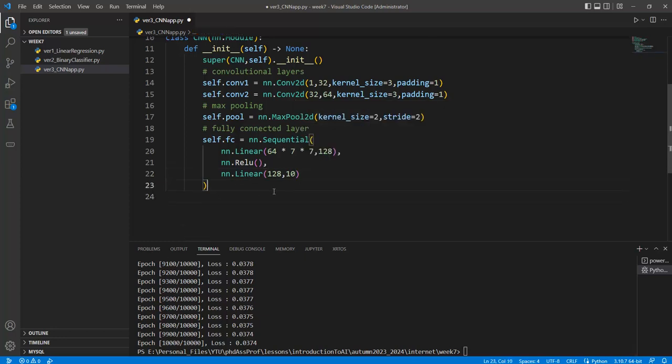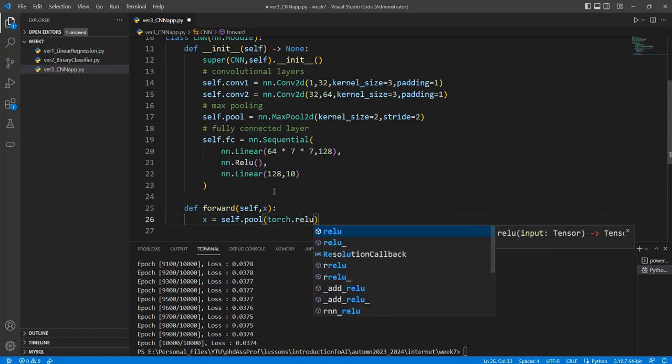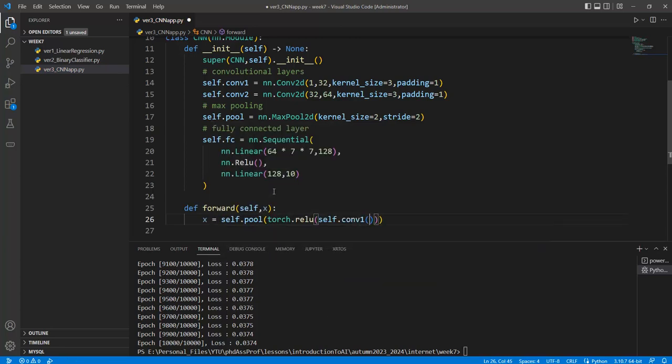After that, we can give the def forward function, self and x, right? This is the basic structure parameters, but in the forward we create the convolutional layers. Firstly, we can give x with the parameters of self.pool, with the parameters of torch.relu, and with the parameters of self.conv1(x).